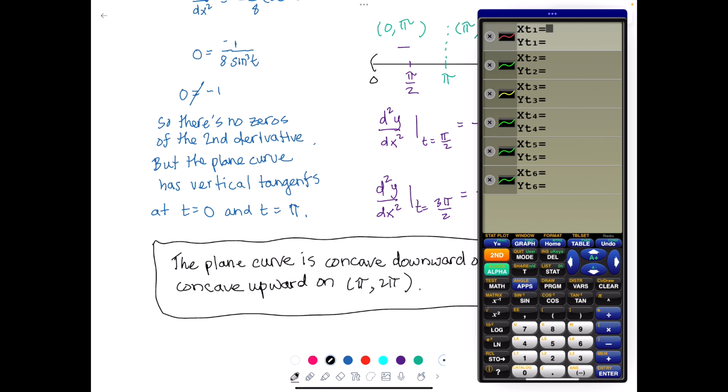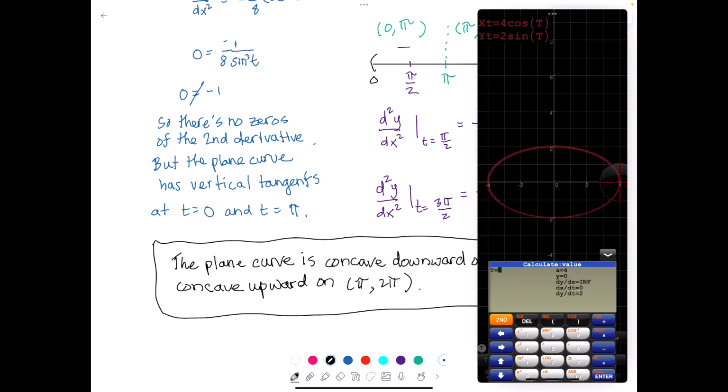And that first equation was x equals 4 cosine t, and then we had y equals 2 times sine t, and let's see what it looks like.